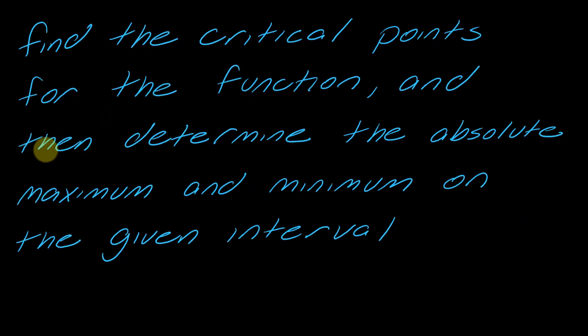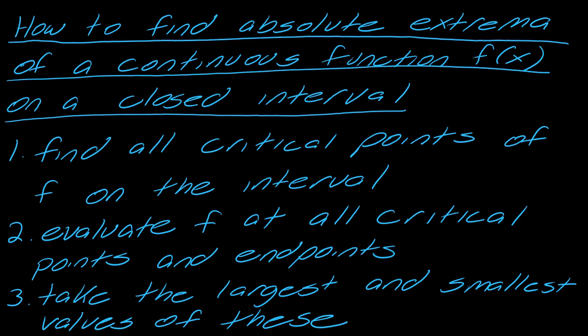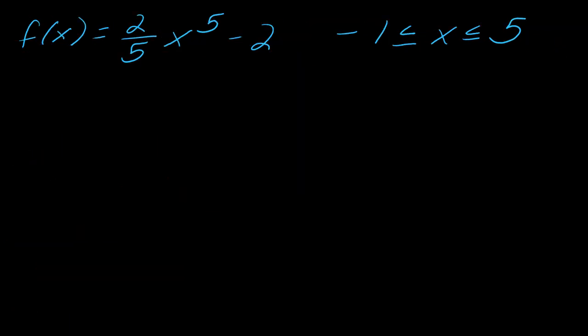So now I want to find the critical points for the function and then determine the absolute maximum and minimum on the given interval. Okay, so let's go ahead and do that with this example. I'm going to outline these 3 steps and number them, just so that you know which step I'm on from the notes. First things first, I'm supposed to find the critical points.